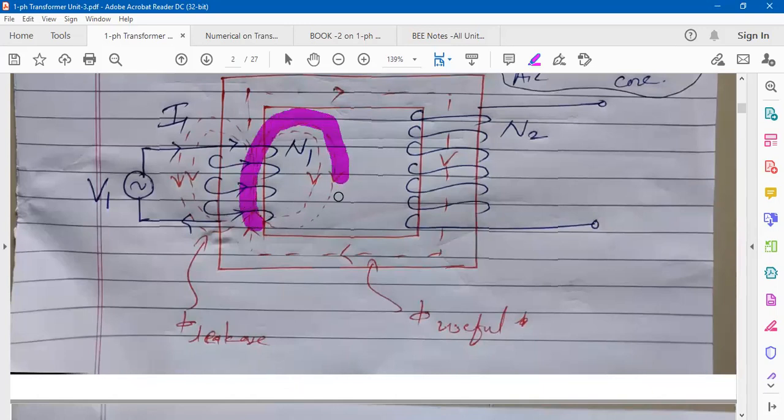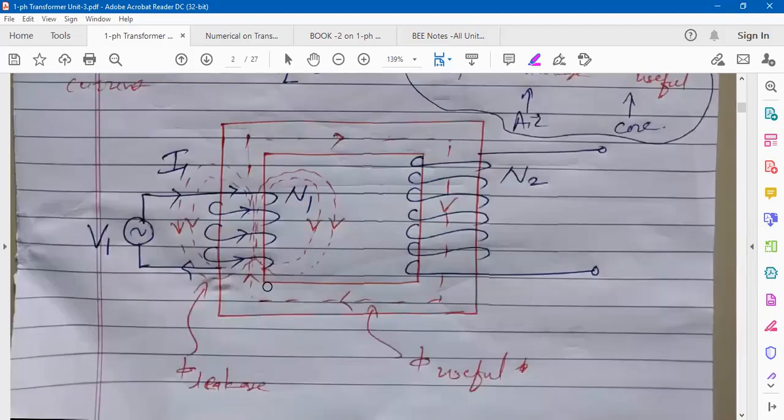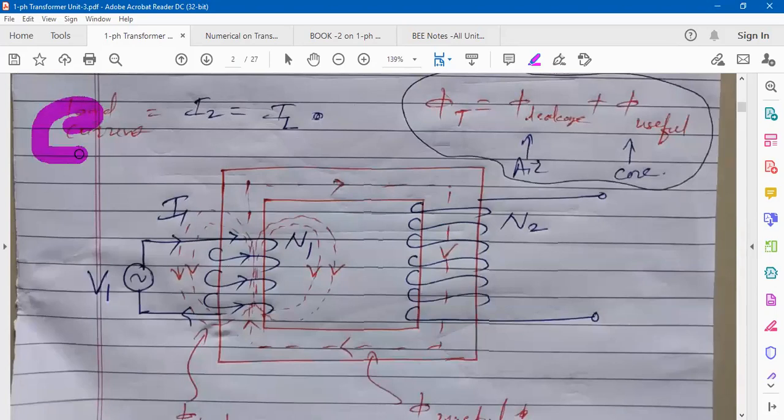This leakage flux is alternating. So what will happen as per Faraday's law of electromagnetic induction? Because of this leakage flux, will any EMF get induced in this N1 number of turns? Yes. So that induced EMF, consider it as EL1.